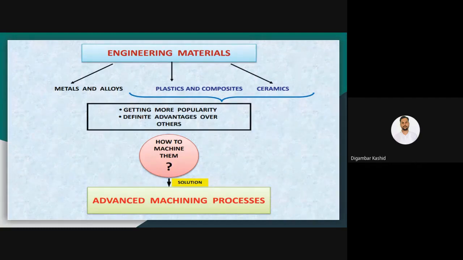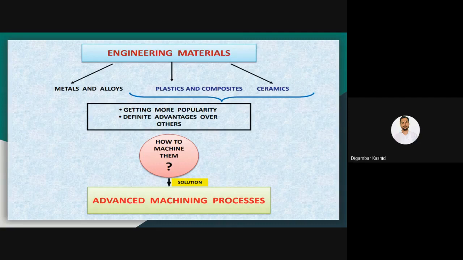The first category is metals and alloys. The second category is plastics and composites, and the third is ceramics. These are the three categories of engineering material.